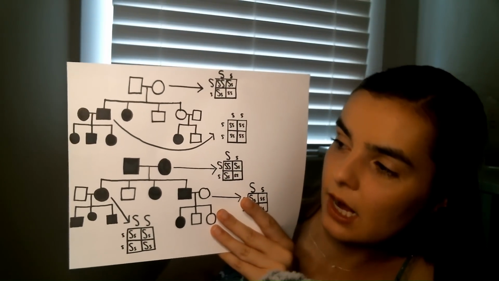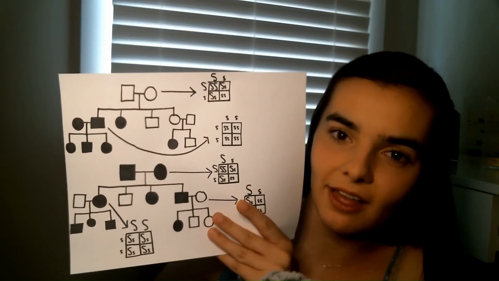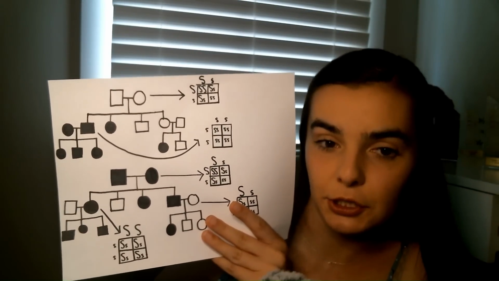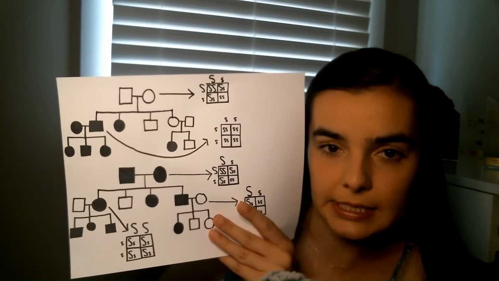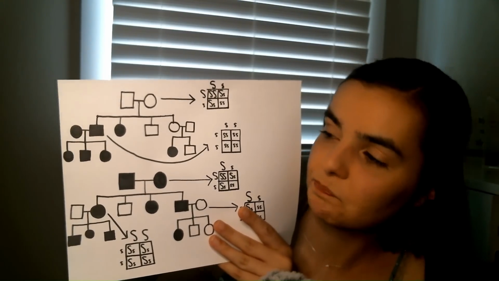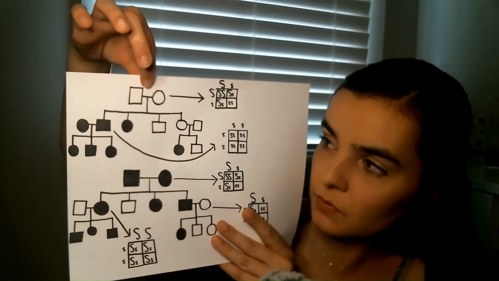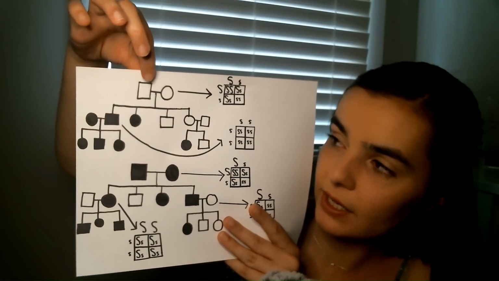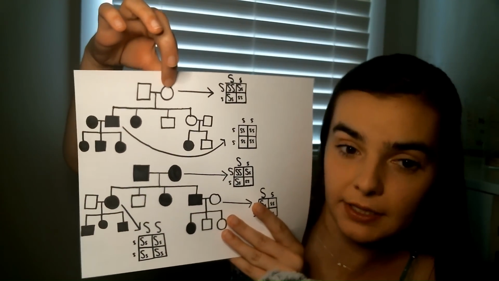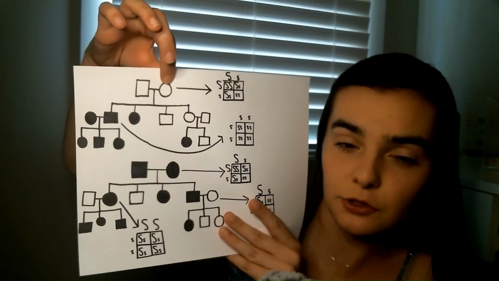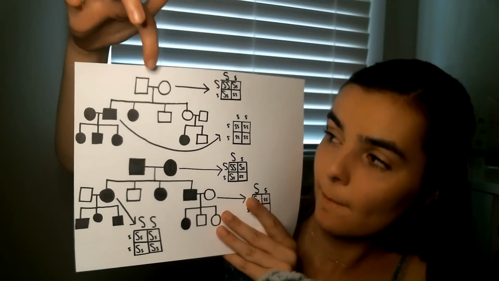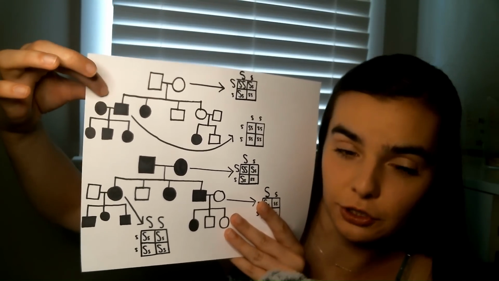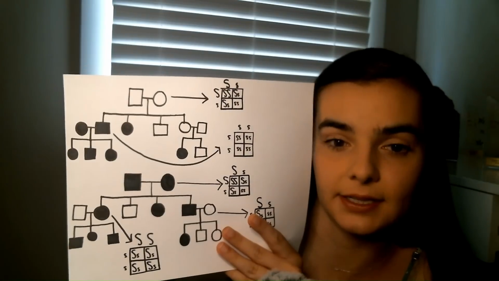So a big thing that we do in class is trying to determine the inheritance pattern of a trait based on the pedigree. Looking at this one, what we know is that we have 2 unaffected parents, parents that do not have whatever disease we are looking at, but they have children that are affected.